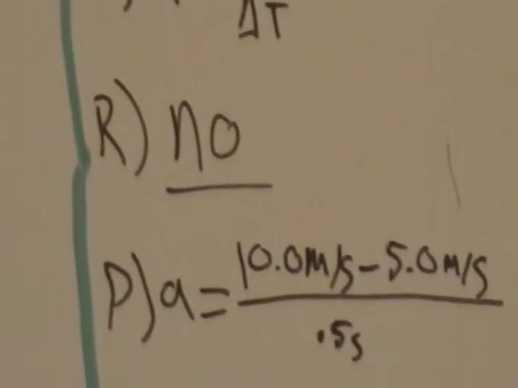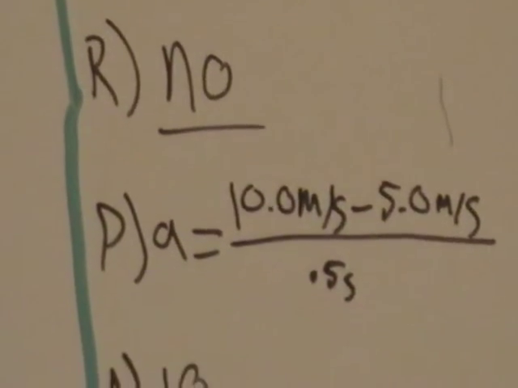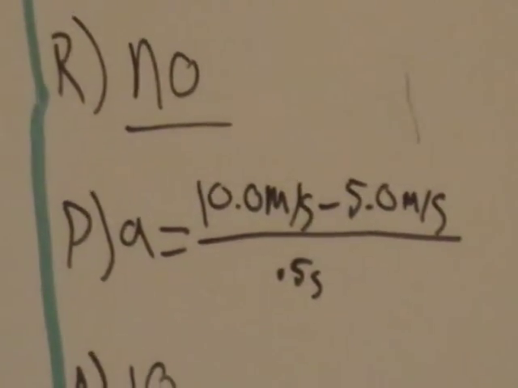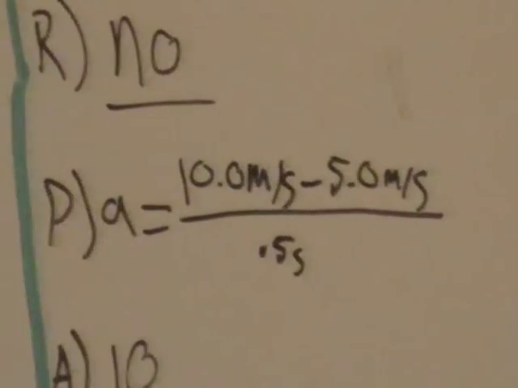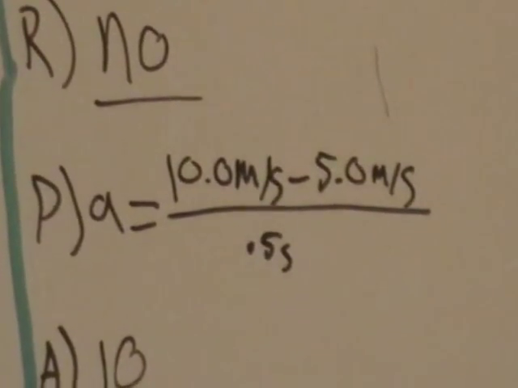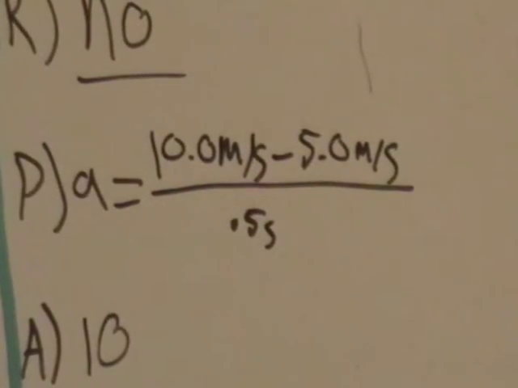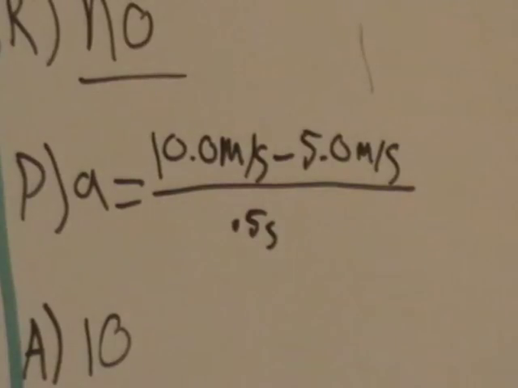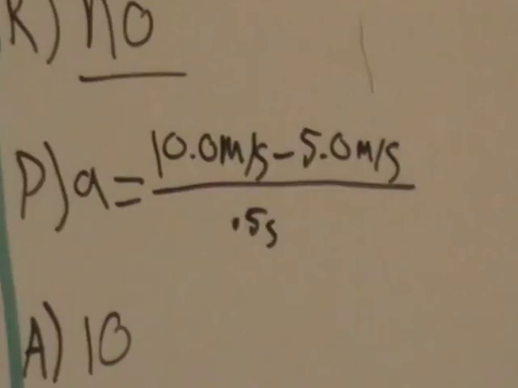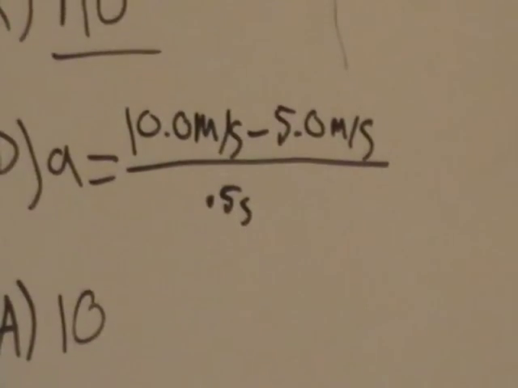So we move on down to plug in. So we remember our equation is acceleration equals the change in velocity over the change in time. So our velocity final was 10.0 meters per second minus our velocity initial, which was 5.0 meters per second, divided by the change in time, which is 0.5 seconds.